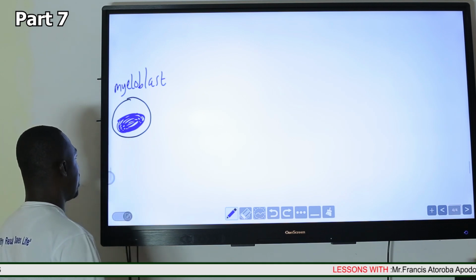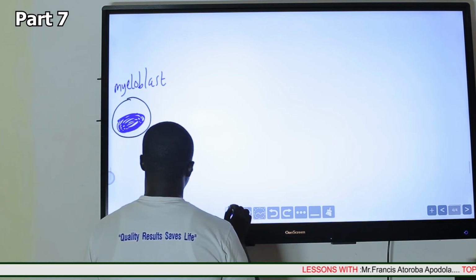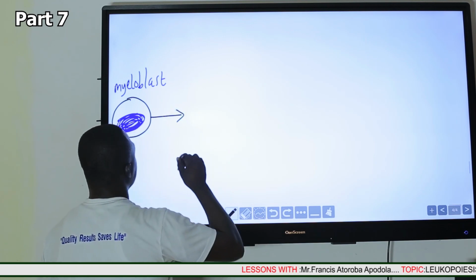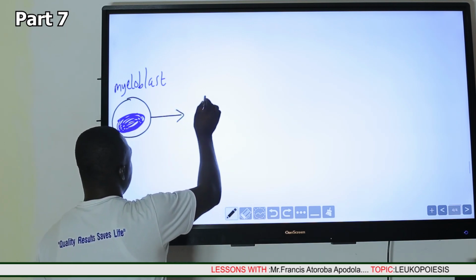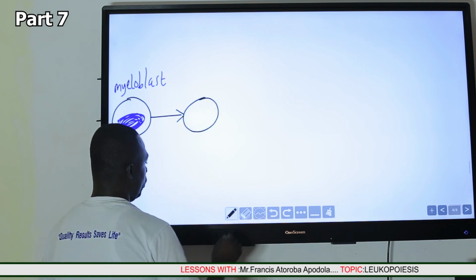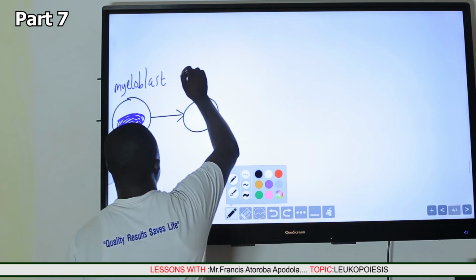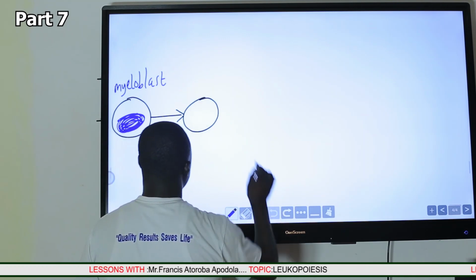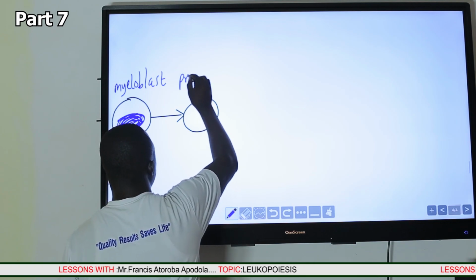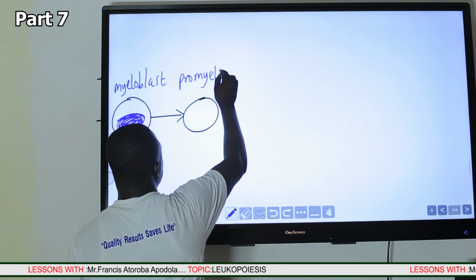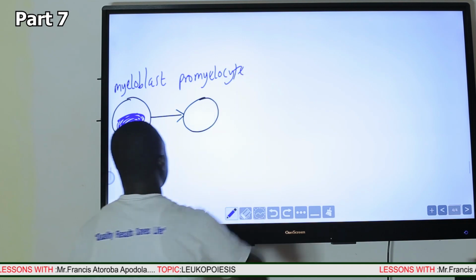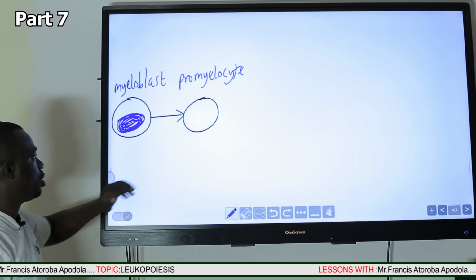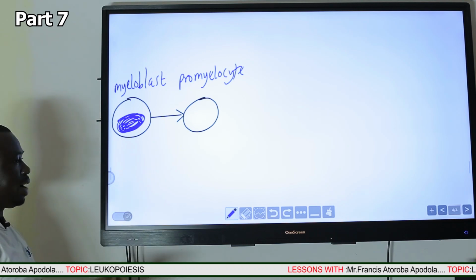They have the same precursor cell. Now, this precursor cell will undergo differentiation and proliferation to give rise to the promyelocytes. So the myeloblast undergoes further differentiation to give rise to the promyelocyte.